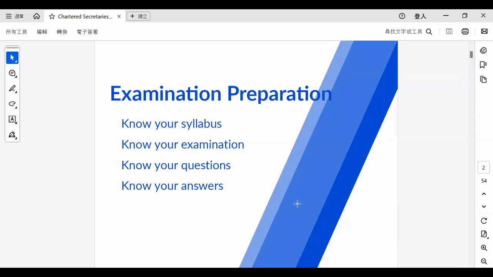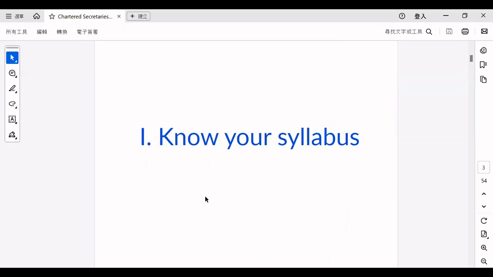And secondly, you should know about your examination structure, the examination format, etc. And then you know what the examiners want from you and how you could answer according to the requirement of the examiner. I think these are the four main things that you should know before you go to the examination room.